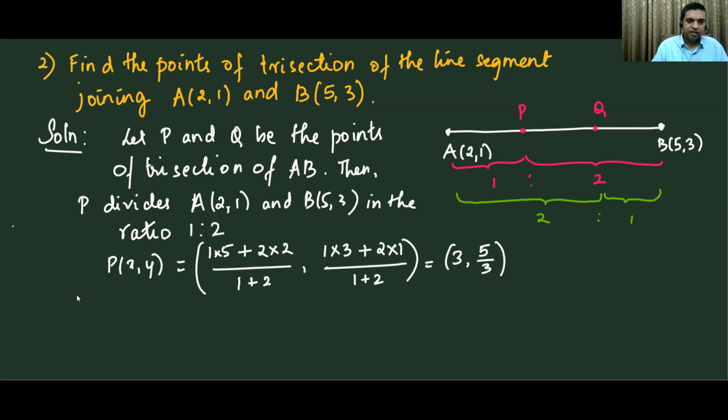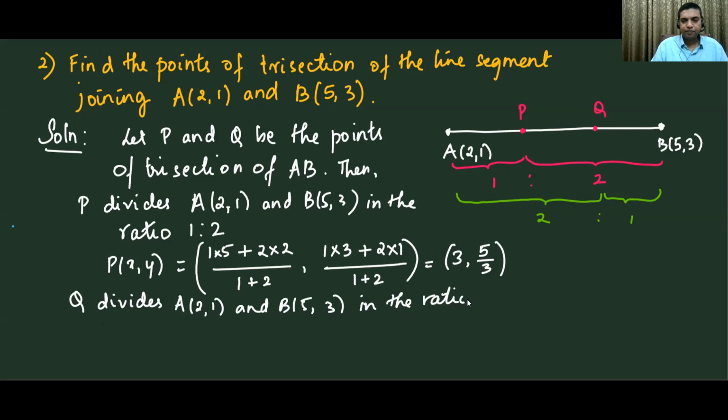Now similarly, Q divides AB in the ratio 2:1.